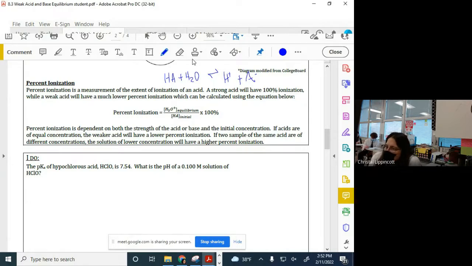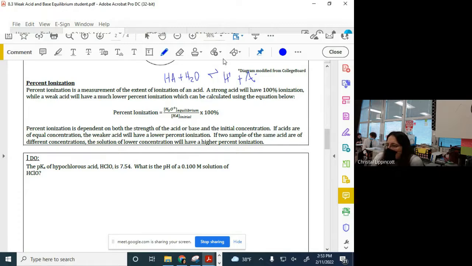You can measure this H plus and the concentration of that and divide it by the concentration of your weak acid. And that will tell you then what percent of this guy turned into ions. Because remember, the majority of it's going to stay over here because it's a weak acid.